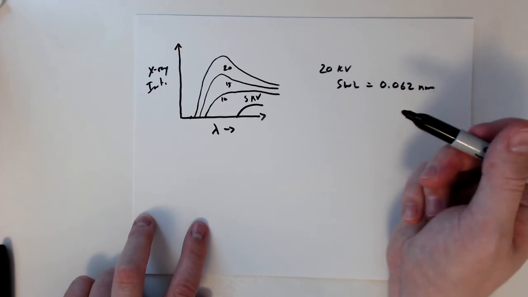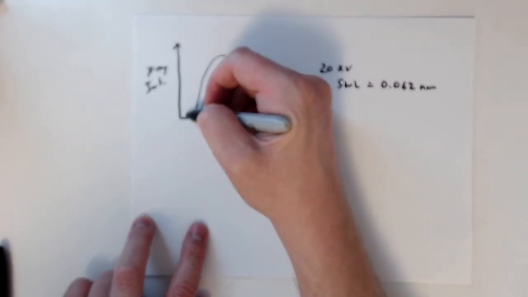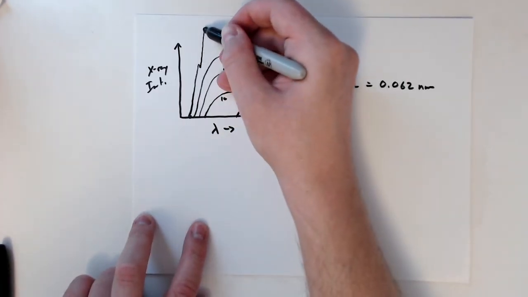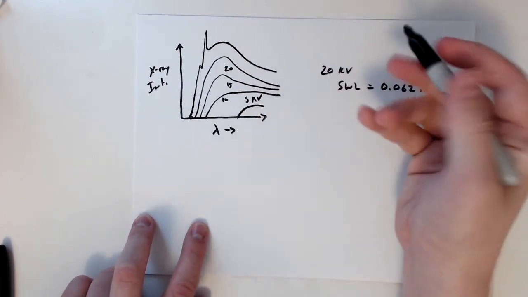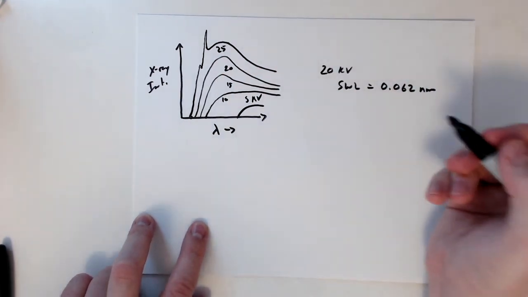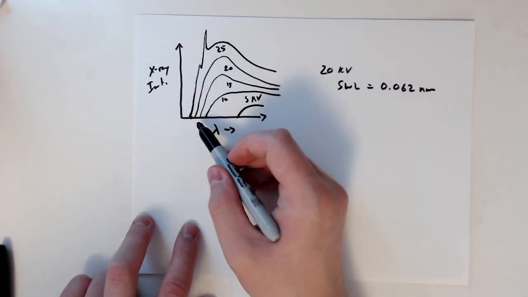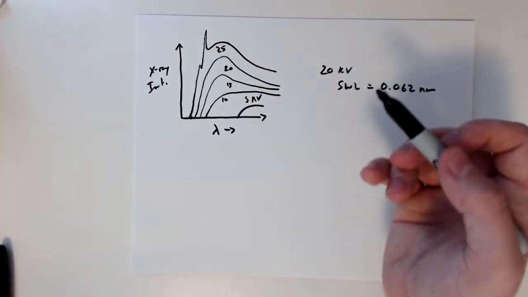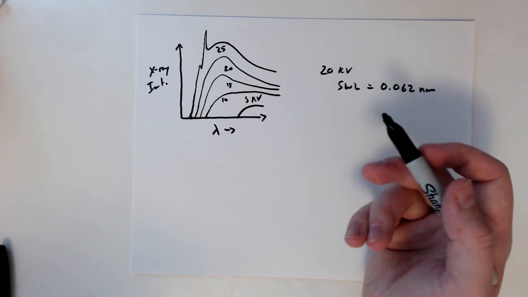All right. And when we get to even higher, we start to see an interesting phenomenon. So it might look like this. So this is 25. So at this higher accelerating voltage, we start to see some deviations from this more continuous wavelength or white radiation. So that's important.